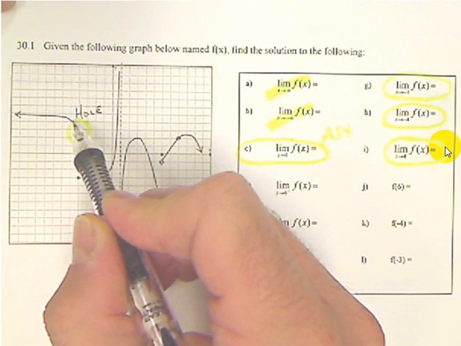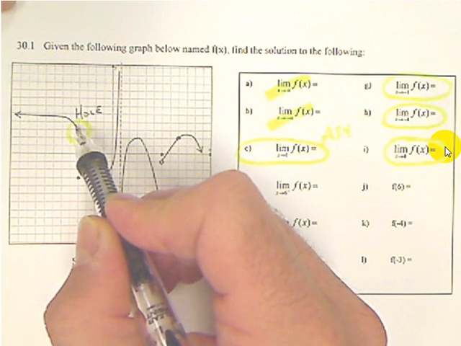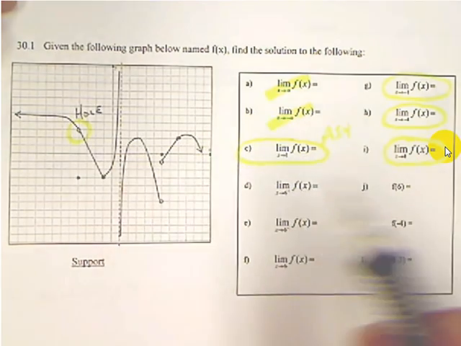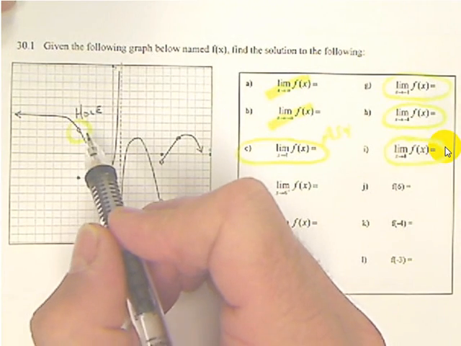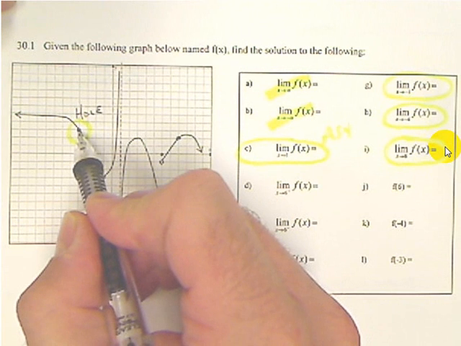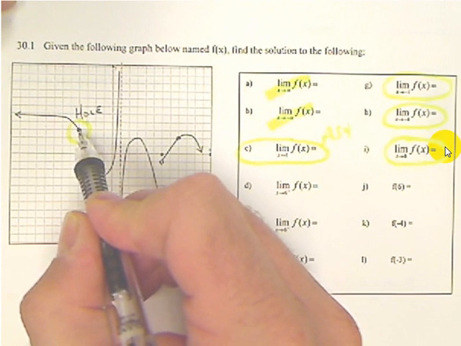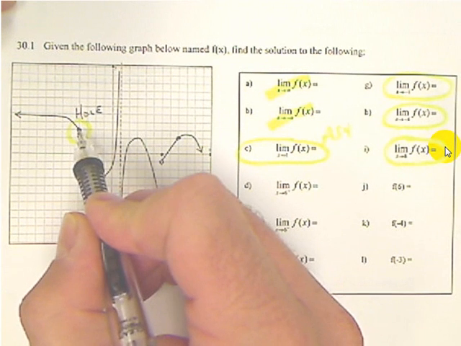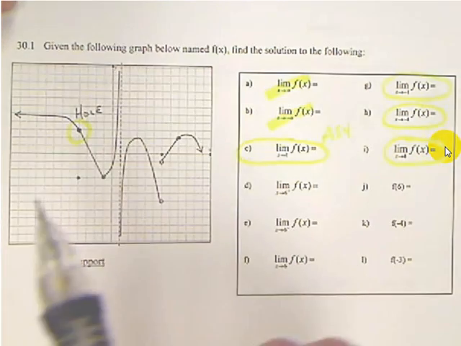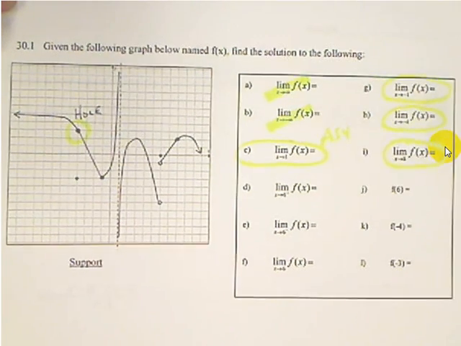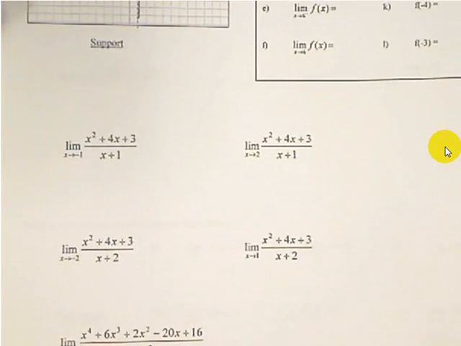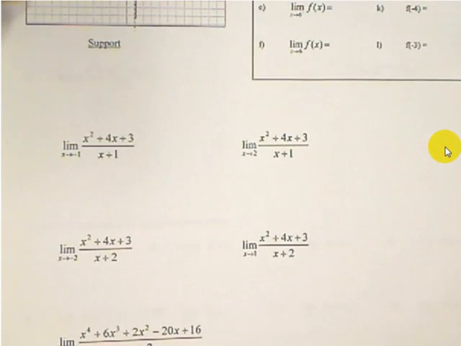And since coming from both directions have the same result, 3, then the limit is 3. So what we need to get out of this is this y value of the hole is the limit. So if we could figure out the y value of a hole from equations, we'll know the limit at that location. So ultimately that's what we're going to do, but now you're just going to see an equation.